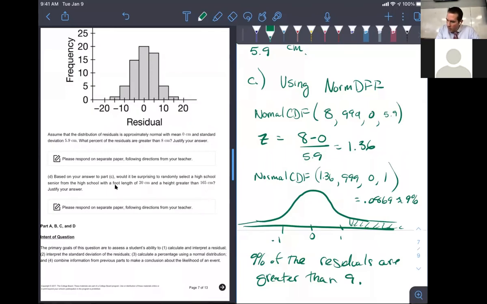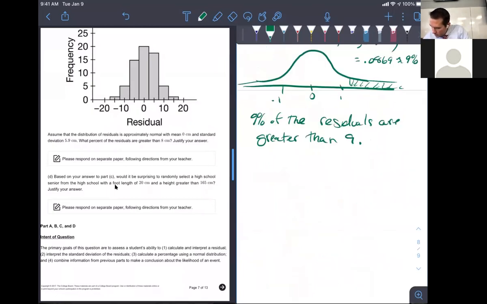No. It's not that random. Is it? What do we think about surprising or unusual?